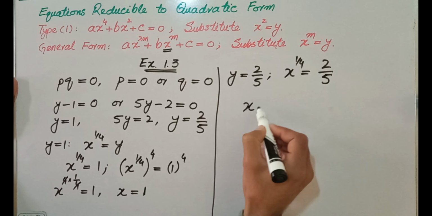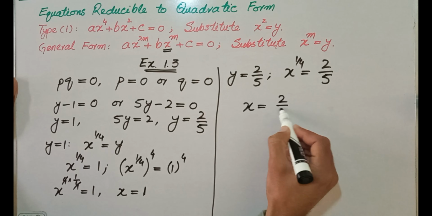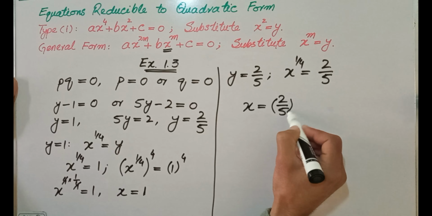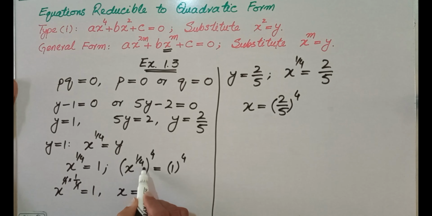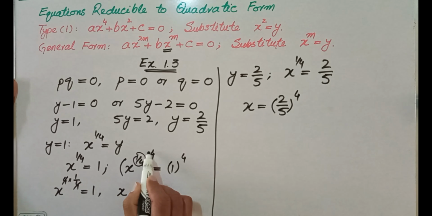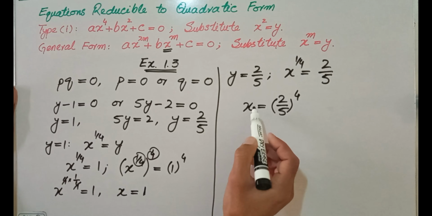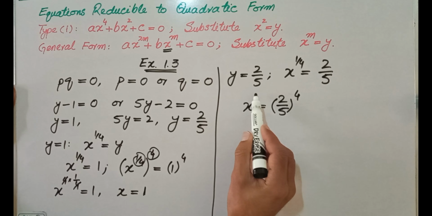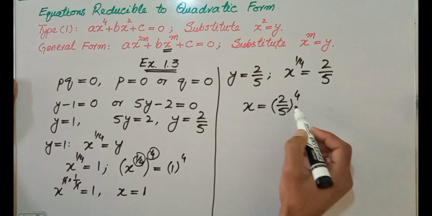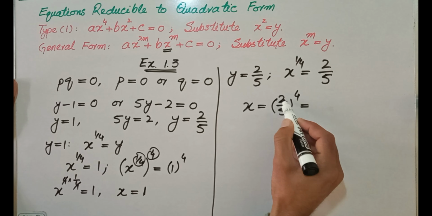From here we'll get x, and from here we get 2 by 5 power 4. This 4 and 1 over 4 is cancelled, and here we have the power of x as 1. Similarly, taking power 4 on both sides, here 1 over 4 is cancelled, and we have on the right hand side 2 by 5 whole power 4.